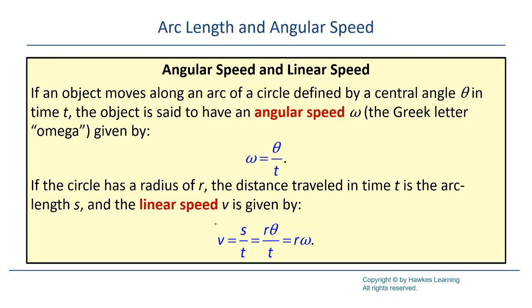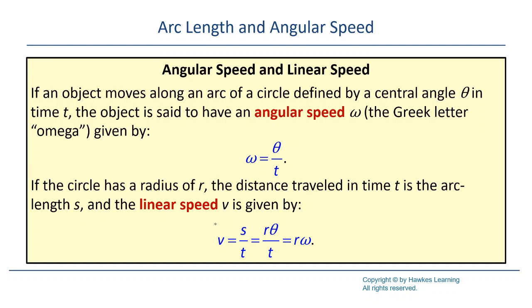So, angular speed is given by, this is omega. So if it moves along an arc of a circle defined by a central angle theta in a time of t, and this could be t minutes, t seconds, whatever, the object is said to have an angular speed, which we represent with omega, as the ratio of the angle to the amount of time it traveled.